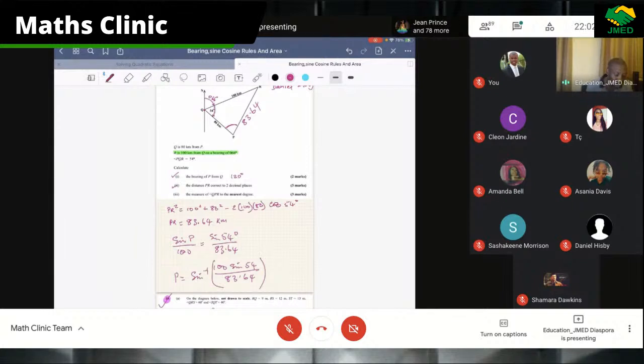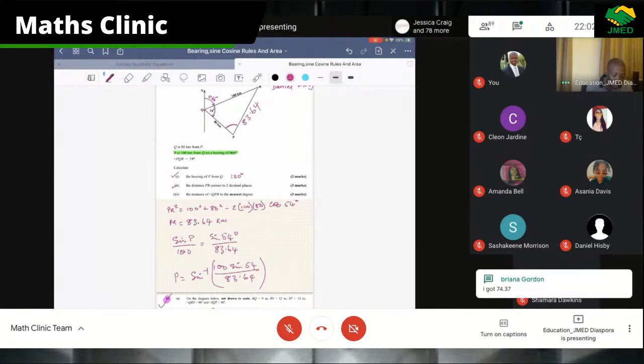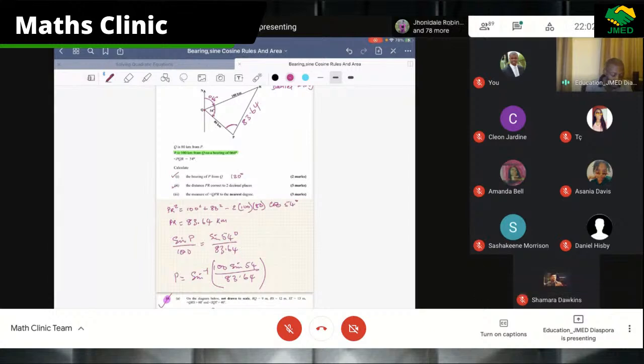So if I do my shift sine, and then put my fraction in, put my bracket in, and I say 100 sine 54 over 83.64.